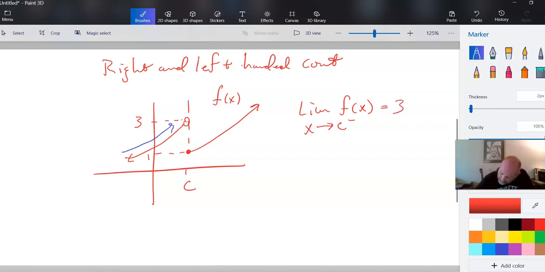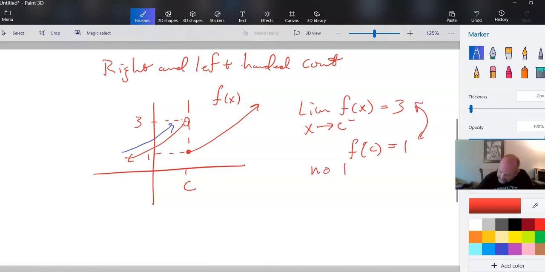But the function value, f of c, isn't equal to 3. There's a hole there. The function value is 1. So it does not have left-handed continuity, because these two don't match.